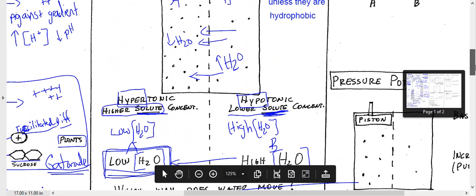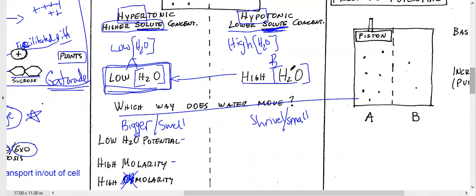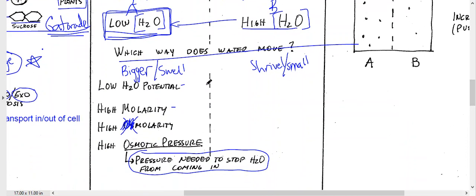So similarly, on side B, it's the flip. It's the inverse. If you have low solute concentration, you're hypotonic, that means you're going to have high water concentration, which means you're going to have high water potential. I'll abbreviate potential. High water potential. It means you're going to have low molarity.